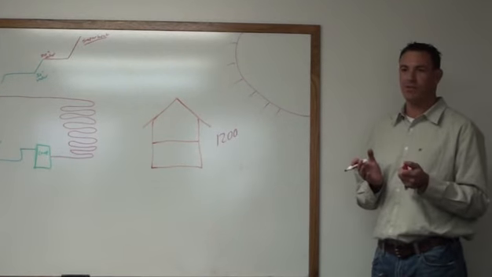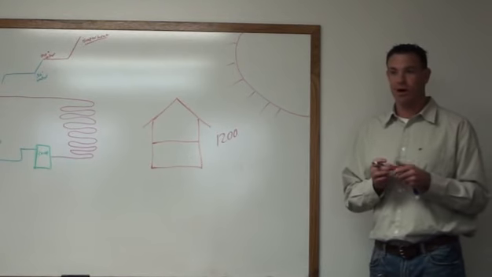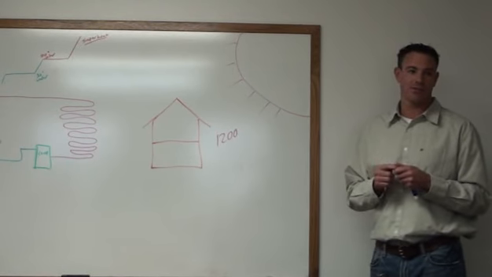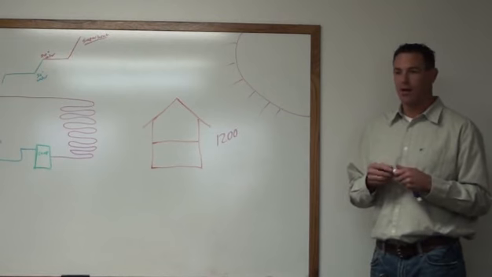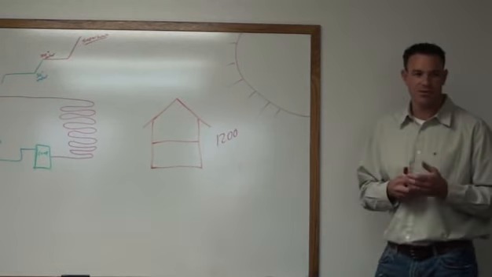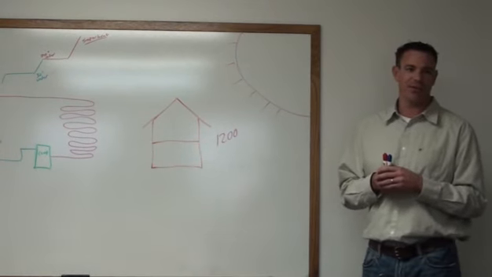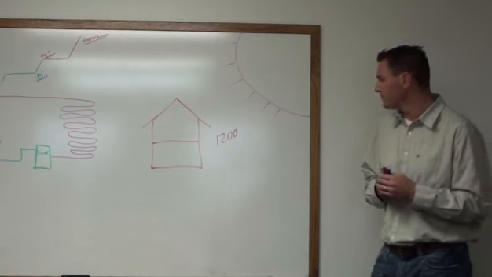Now BTU stands for British Thermal Unit, and it's something that you guys are going to use quite frequently as you're talking to customers and dealing with clientele. It's just an abbreviation for describing heat, or the amount of heat that's in a specific volume or area.